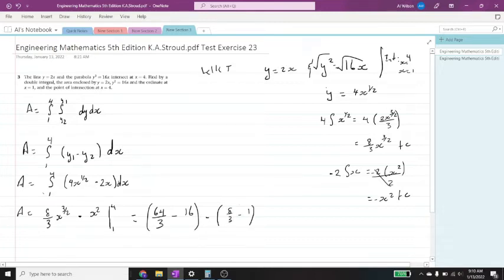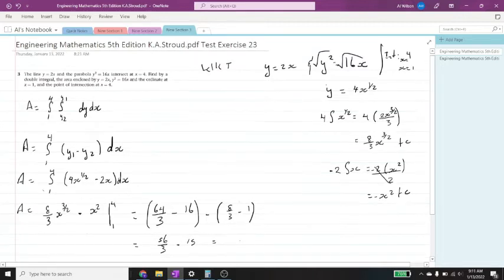When we solve this out, we have 56 over 3 minus 15, which is 3.67 units squared.